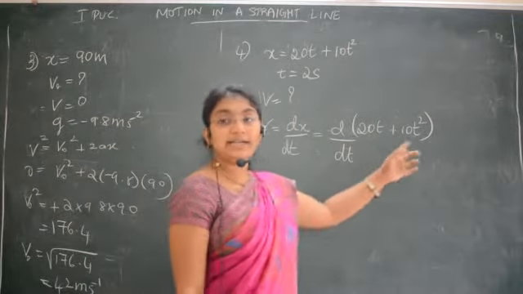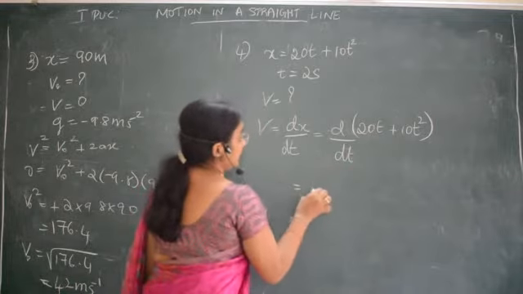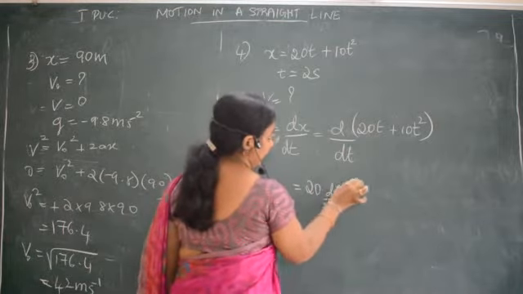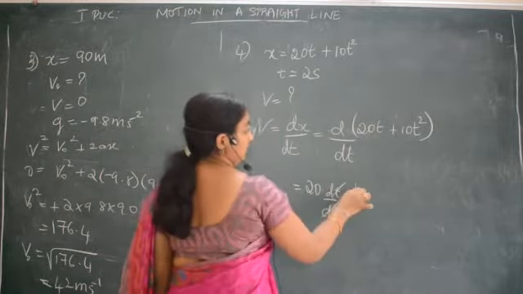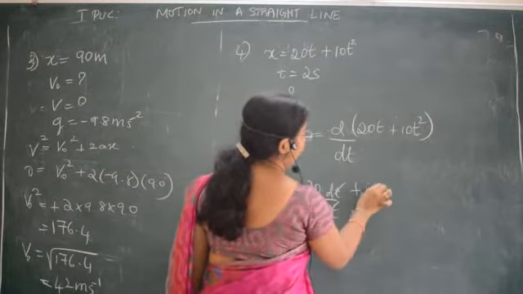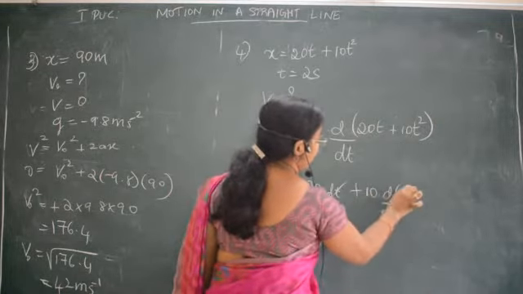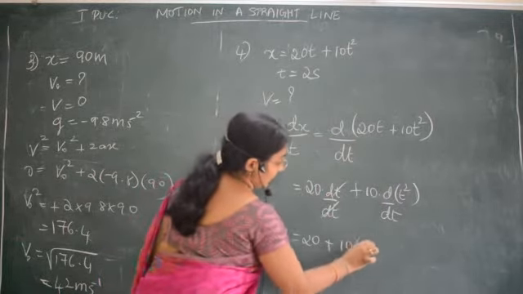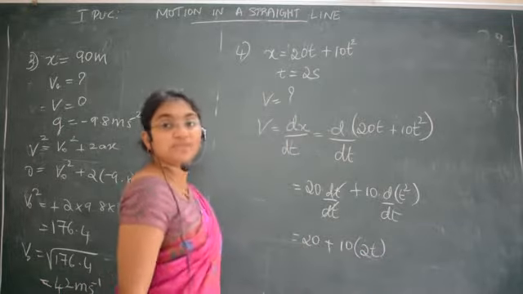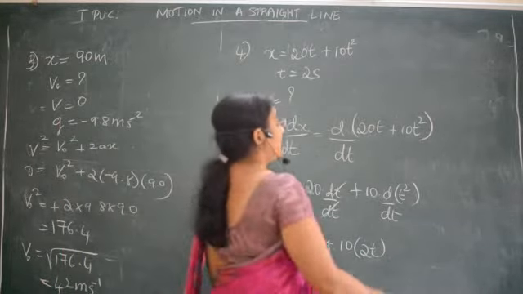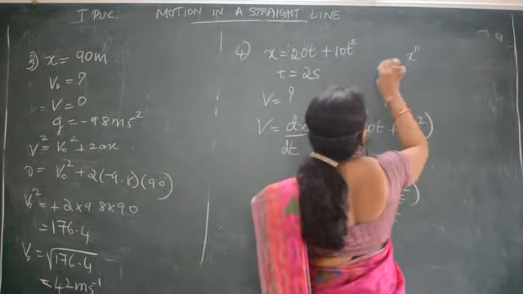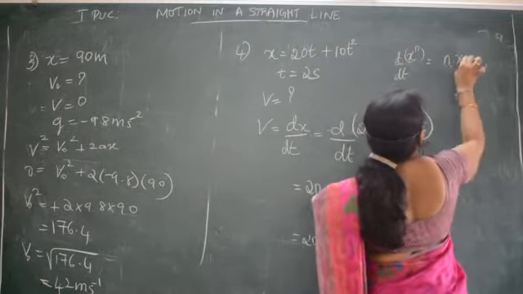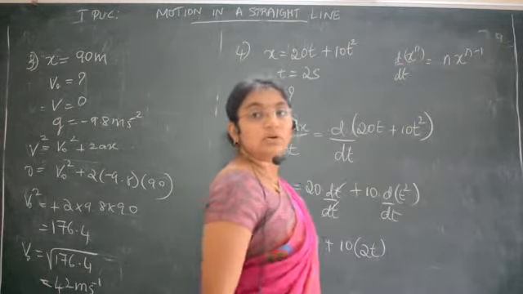Differentiation of 20t is 20. See here, 20 is constant, take it outside, d by dt of t, this will go. Correct? Plus 10 into d by dt of t square, which is 10 into 2t.